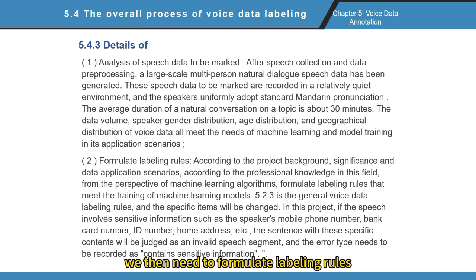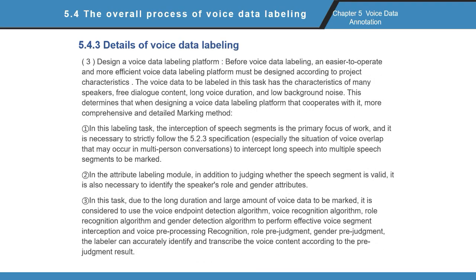We then need to formulate labeling rules based on the project's background, significance, and data application scenarios, considering machine learning algorithms. For example, if speech contains sensitive info like phone numbers, it's marked as an invalid segment with the error type contains sensitive information.